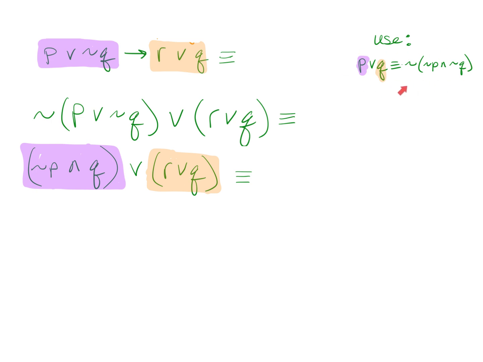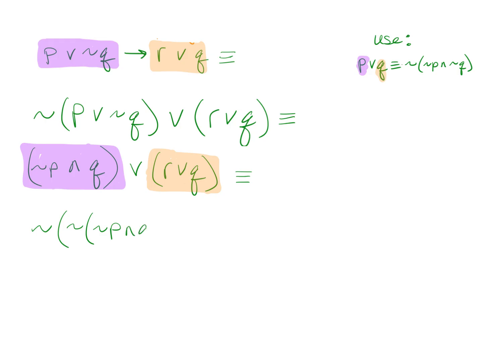My given logical equivalence says that P or Q is going to be logically equivalent to not. So let's start by writing down the not and opening the parentheses. Not P, so not what's written in purple.